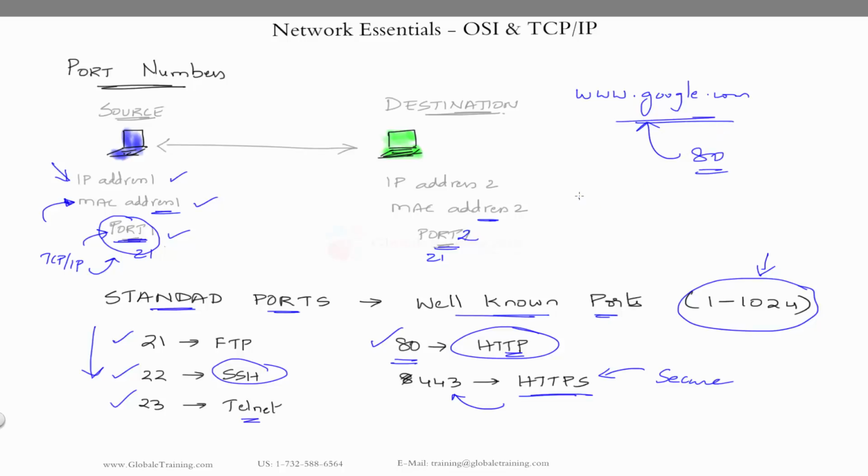And when you log into your online banking systems, even if you try to use port 80, it will automatically direct you to HTTPS, www.bankofamerica.com, and that HTTPS means it is using port 443. That is secure HTTP.